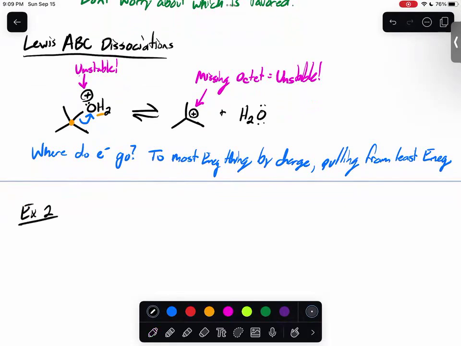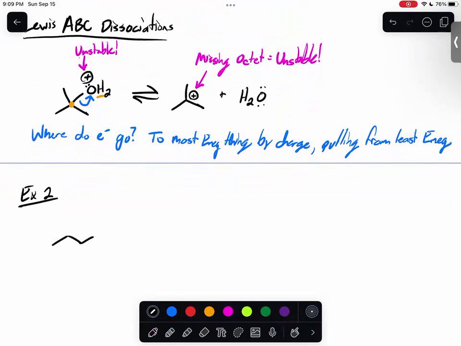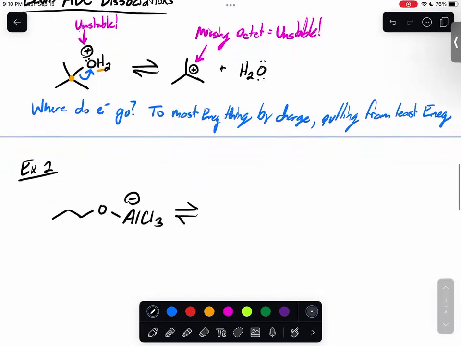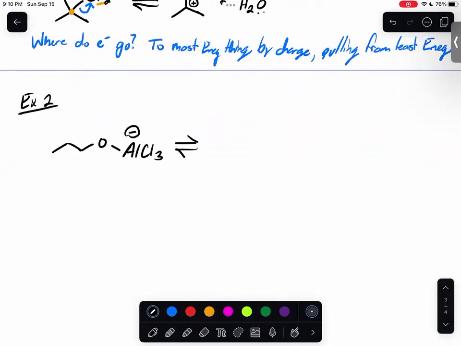Looking at something such as this here, I'll tell you that it is a Lewis acid-base dissociation, right? If this is going to be a dissociation reaction, and looking at our atoms, oxygen is more electronegative than aluminum, and chlorine is also more electronegative than aluminum.